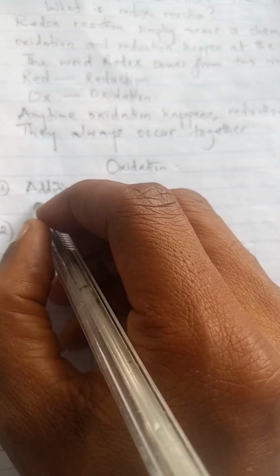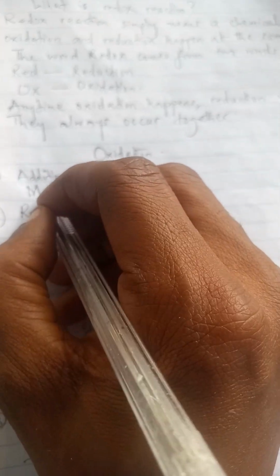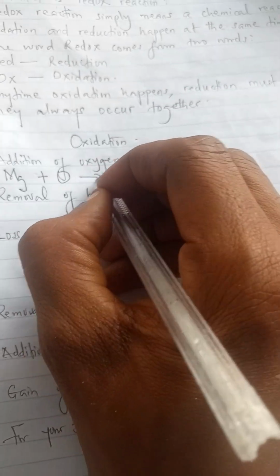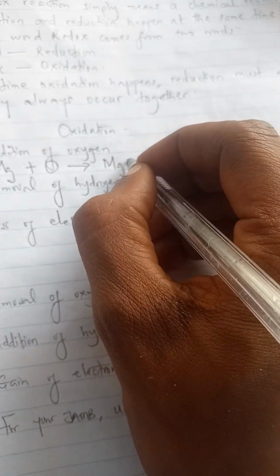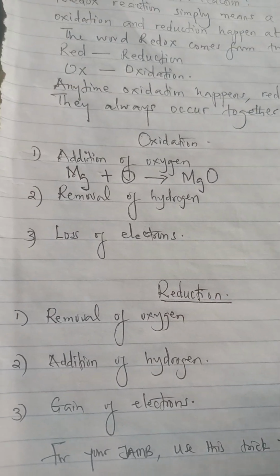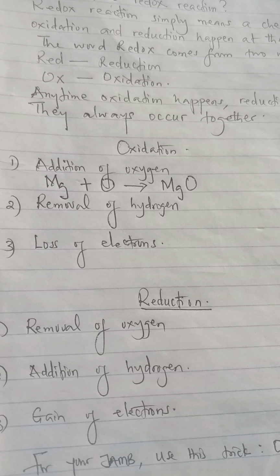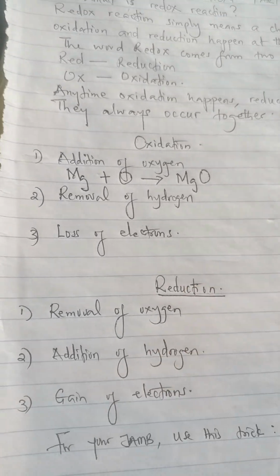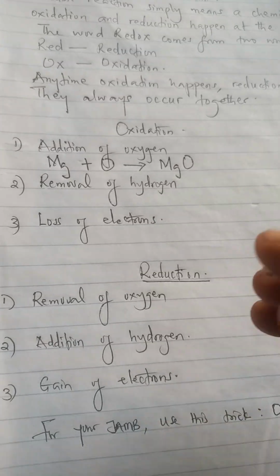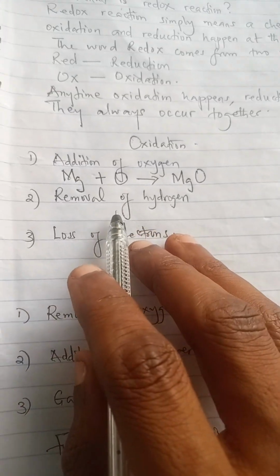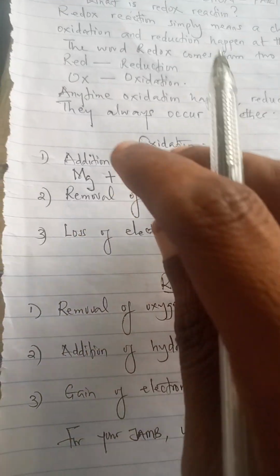For example, magnesium reacting with oxygen to form magnesium oxide is an oxidation reaction. I hope you understand that one now. So watch out. If any reaction happens and oxygen is added, you call it what? Oxidation.